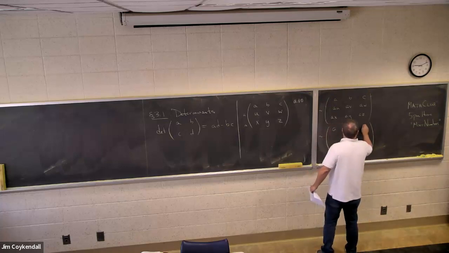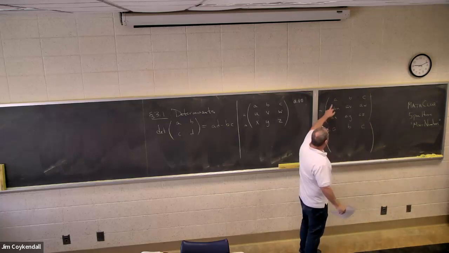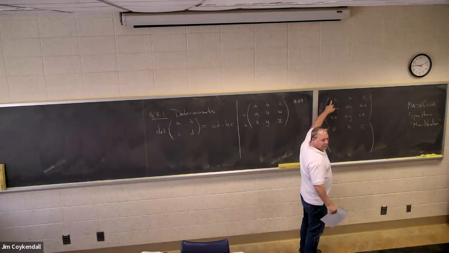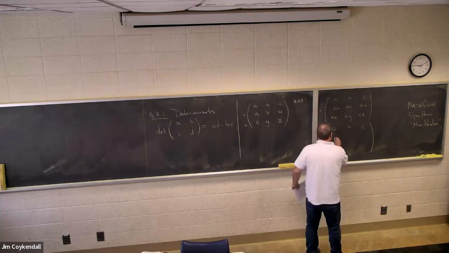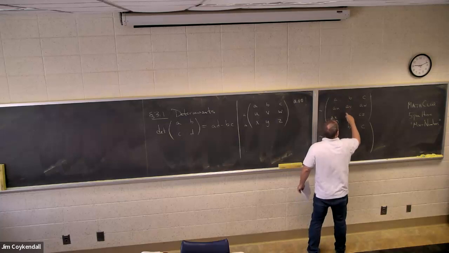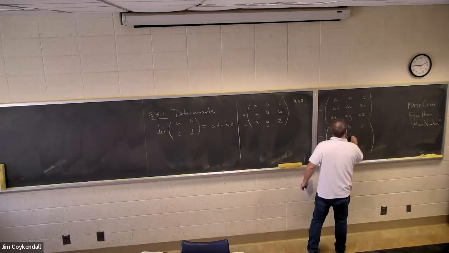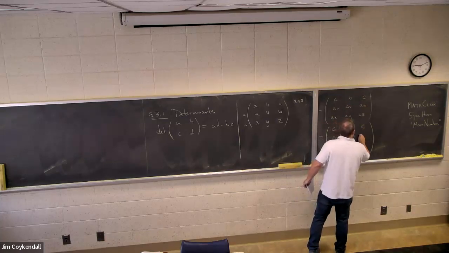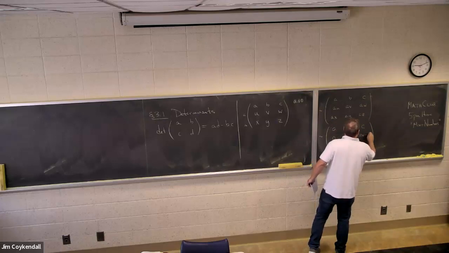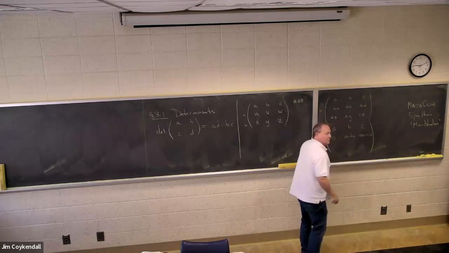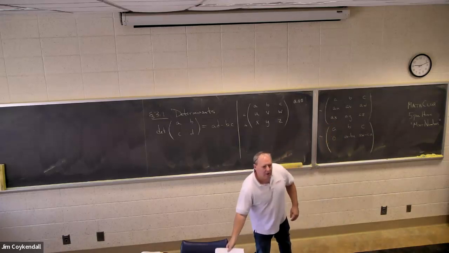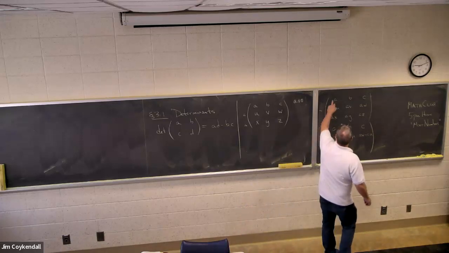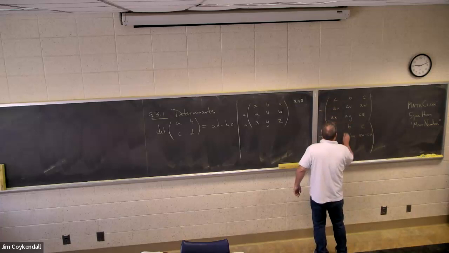A, B, C. And if I multiply this by negative U and add, that'll take this out. Times negative U and add, AW minus C. Right? And now I'm going to do the same thing here, multiply by negative X and add.